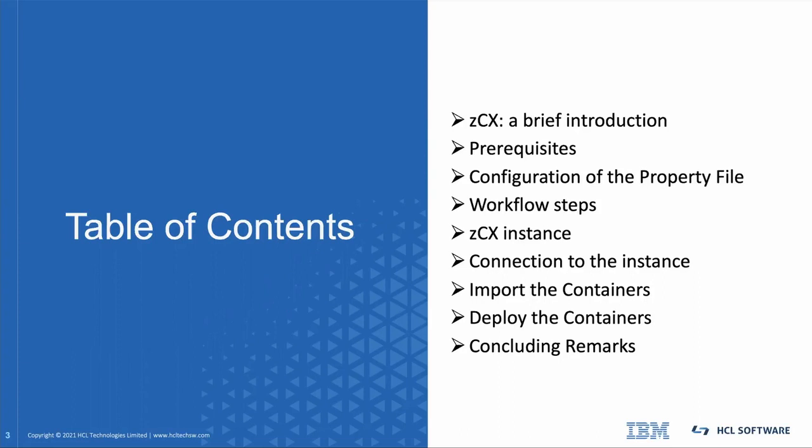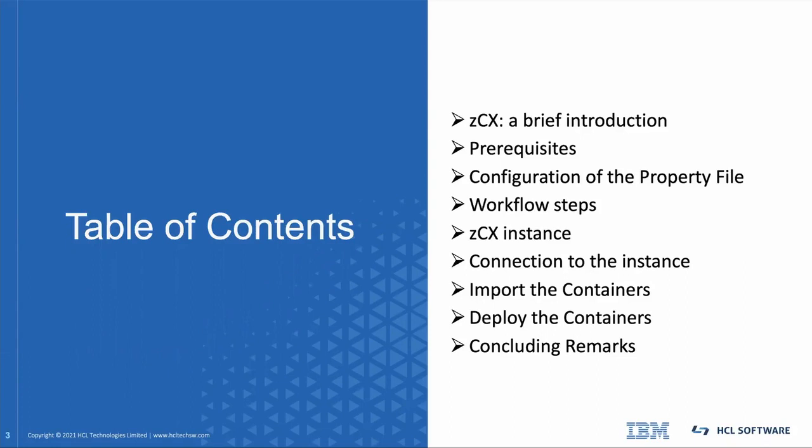We will talk about the prerequisites, how to configure the property file, workflow steps, and basically how to configure a zCX instance and how to connect to the instance. And then the very last part is about how to deploy the workload automation containers on a zCX instance.